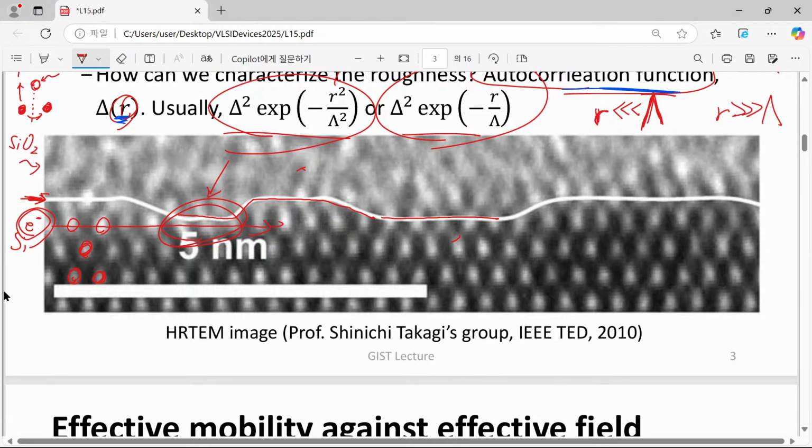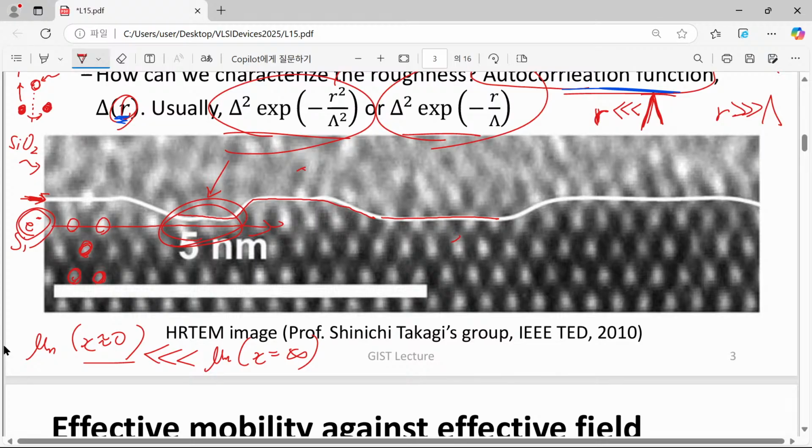That's the reason why, for the mobility of electrons, when x is close to 0, at the interface between silicon and silicon dioxide, our expected mobility is much lower than the mobility at x equal to infinity, not affected by the silicon dioxide interface.